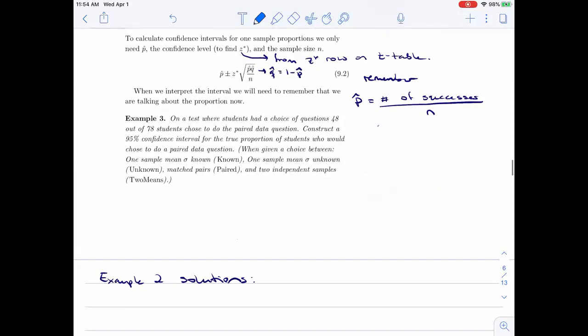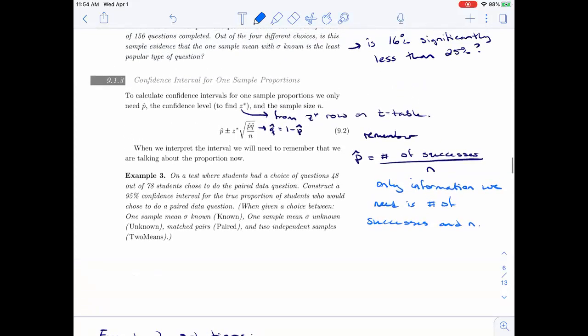That's nice because if you're doing means questions, you need to know the mean, the standard deviation, your sample size, so there's a lot more going on. Whereas here, we've boiled it down to the number of successes and your total sample size.